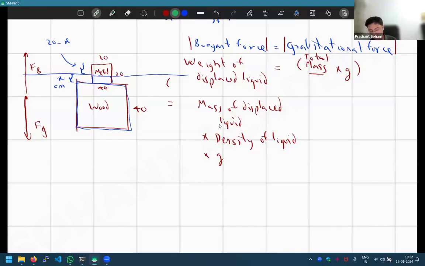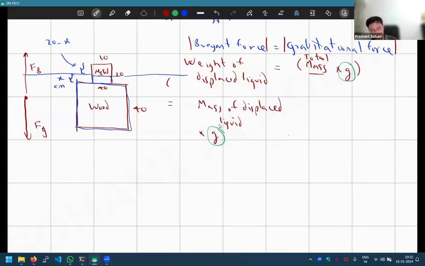So right away, do you see that the gravitational force is going to get eliminated from both sides? Sorry, I am making mistakes here. Yeah. So mass into g is the weight, right? So now g will get eliminated.